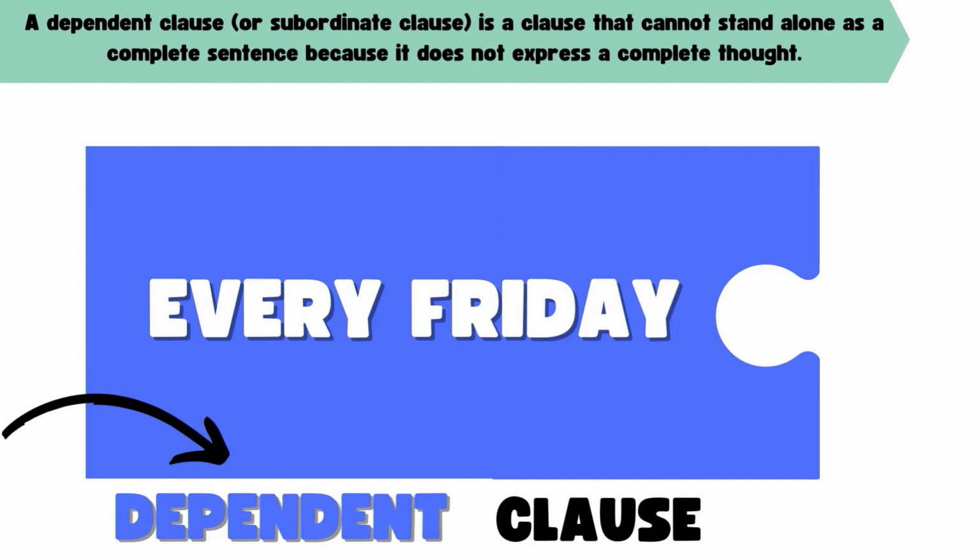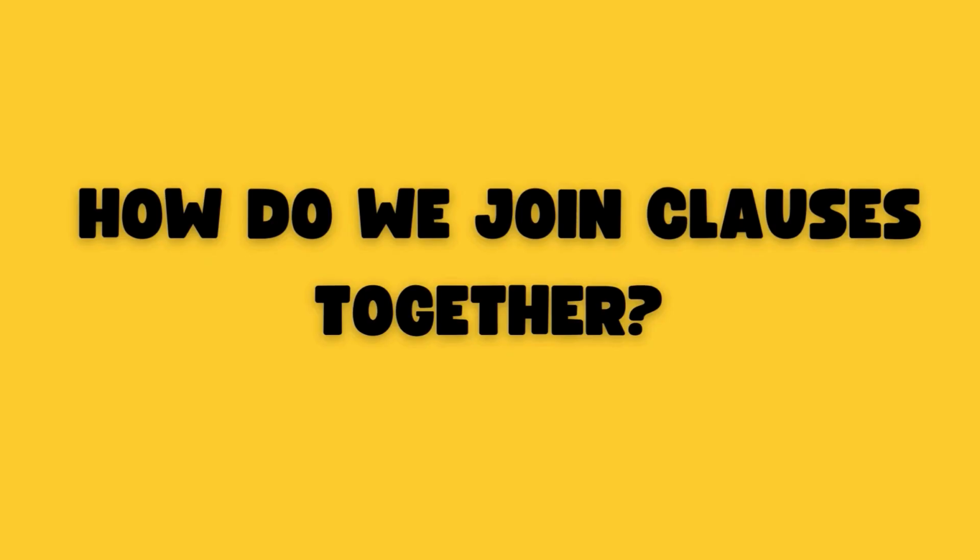It cannot, because it is not a complete sentence. It does not express a complete thought. Anytime you can ask what after a clause, you know it cannot be a complete thought. For example, if I said to you, every Friday, you would say, every Friday, what? So we have to join this to the main sentence.